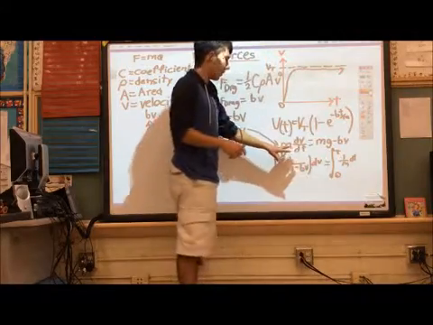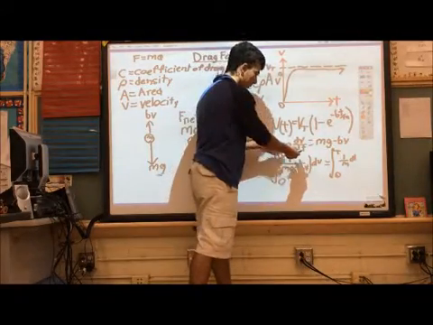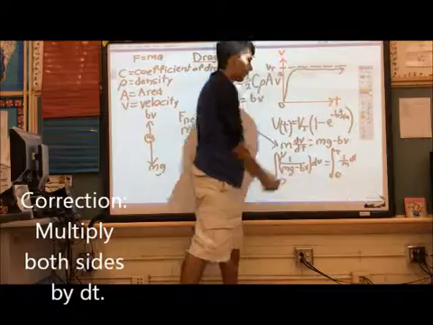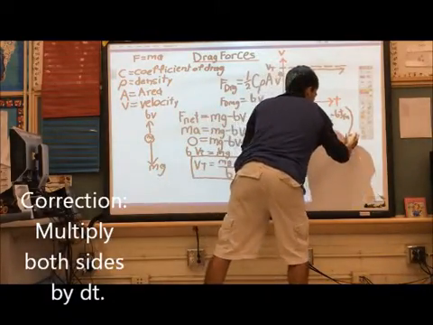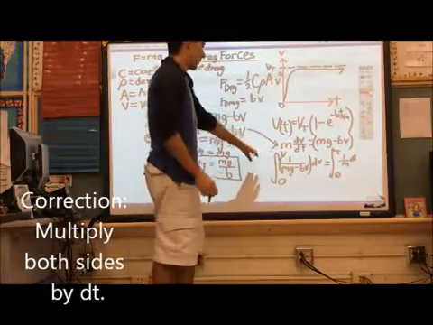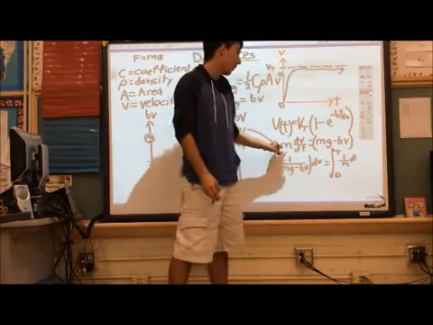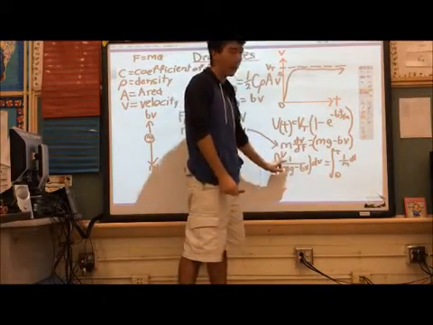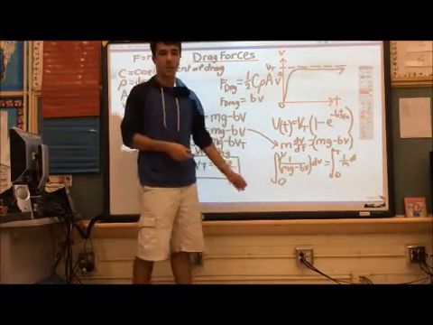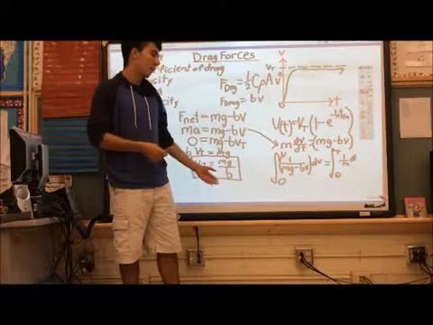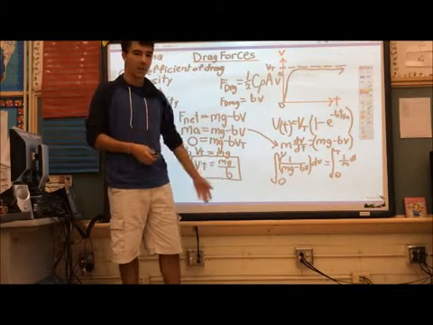And all I did to get that was multiply both sides by dv, divide by this whole thing, mg minus bv, and divide the m from both sides. So that's how you get to here. And if you know calculus, it'll involve some u substitution. So if you're familiar with it and comfortable, I encourage you to try it.